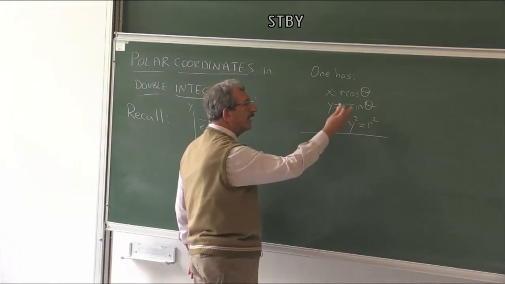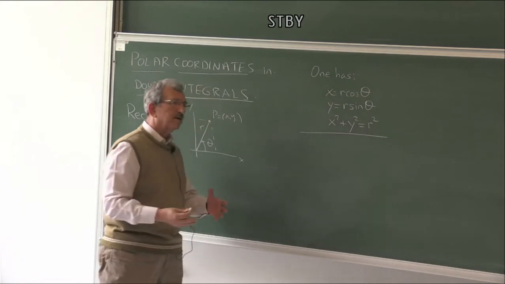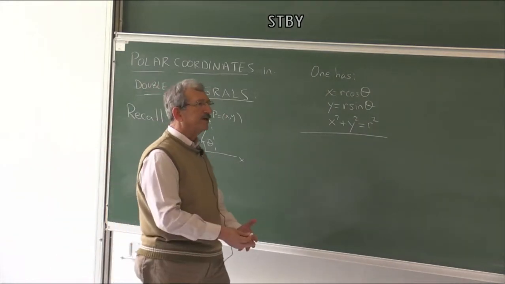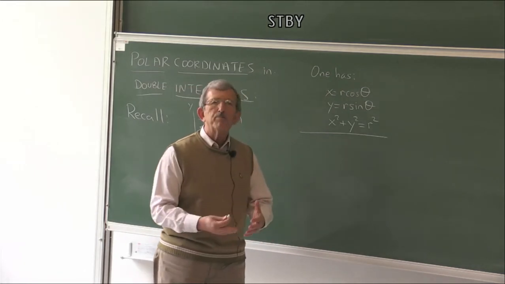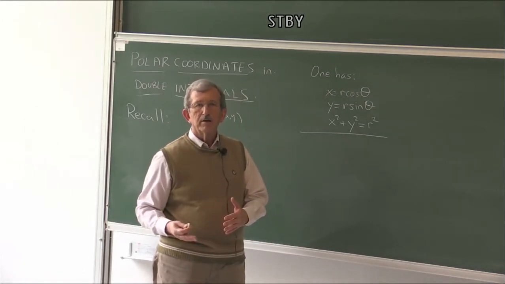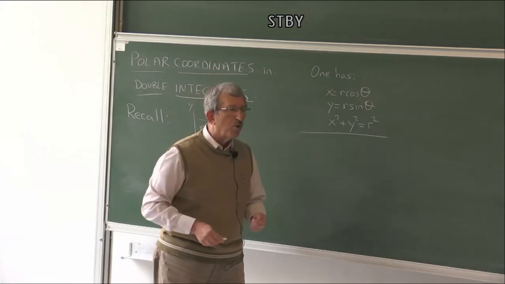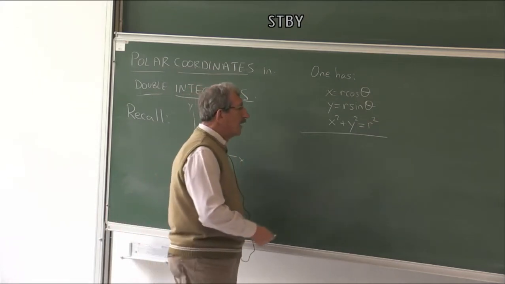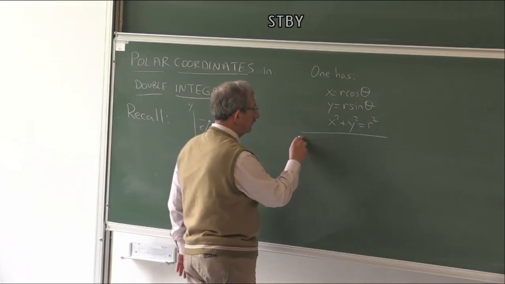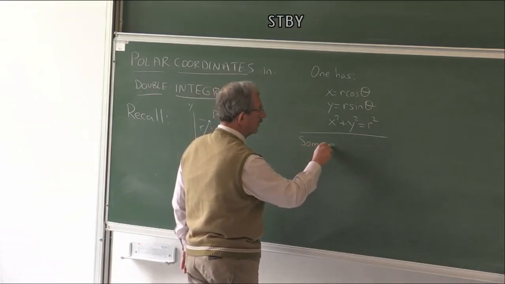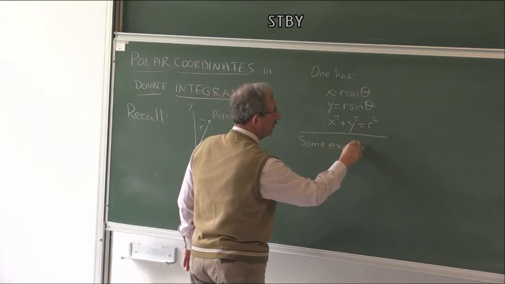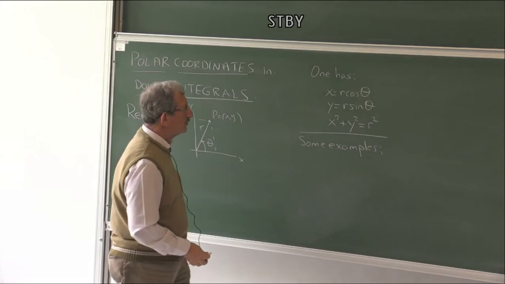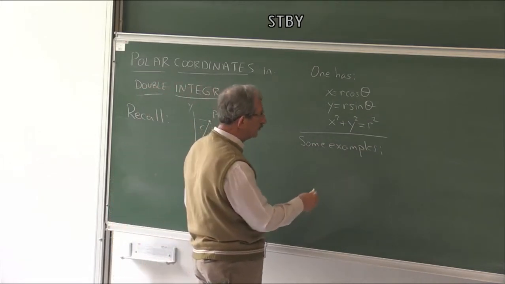Namely, r could be expressed as a function of theta, and we could sketch these curves. The basic idea behind these sketches was point-by-point sketching. We just found some points, connected them, and that was the curve. Okay. And some examples were the following. These will be of use as well, so a review could be very useful.